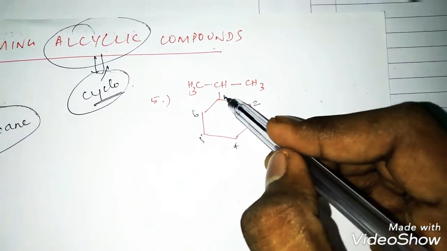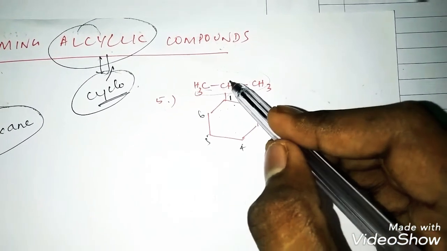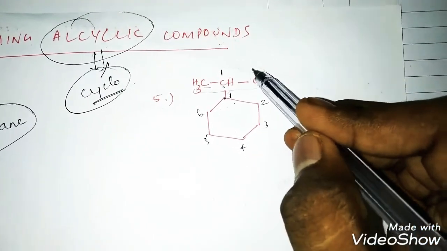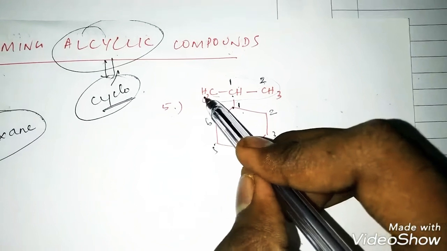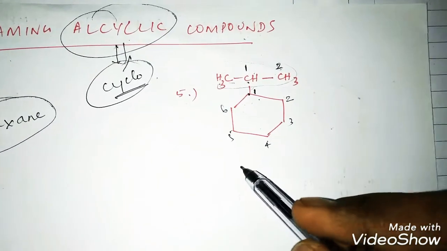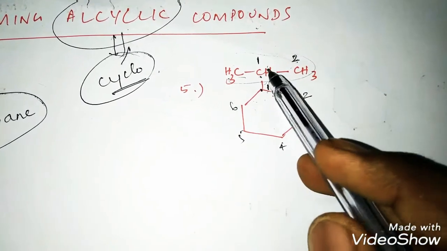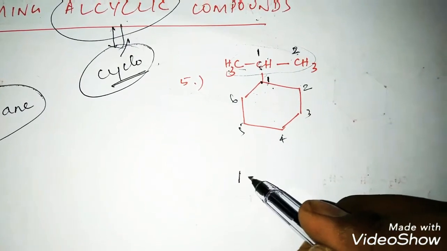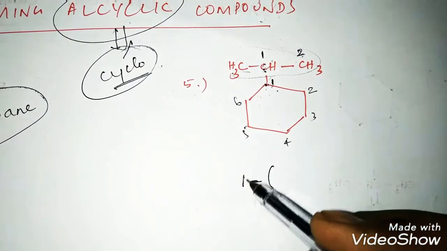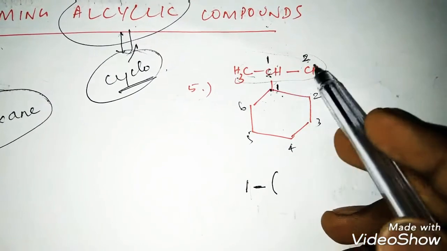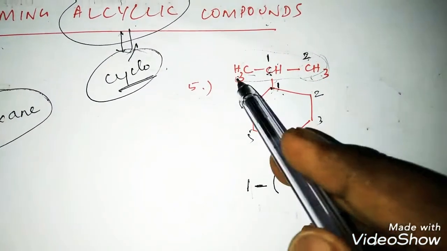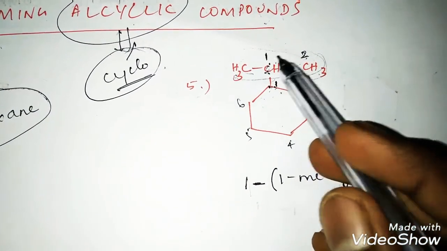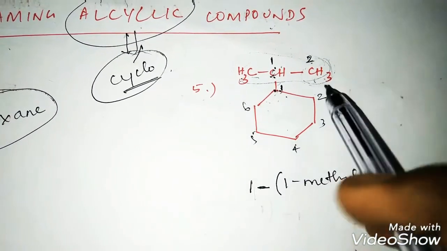The substituent is attached at the first carbon, so this carbon is given the number 1, and the next is number 2, either this way or that way. Since the attachment is at the first carbon, I use 1, and at the first carbon I have one methyl group attached. So I can write 1 methyl.